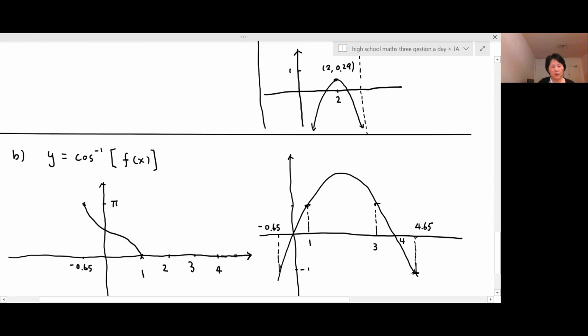Then 4.65 somewhere here. So when x equals 4.65, the f(x) value will be minus 1 here. What is cosine inverse of minus 1? This special angle is pi. So it means that when x equals 4.65, the y value will be pi here.